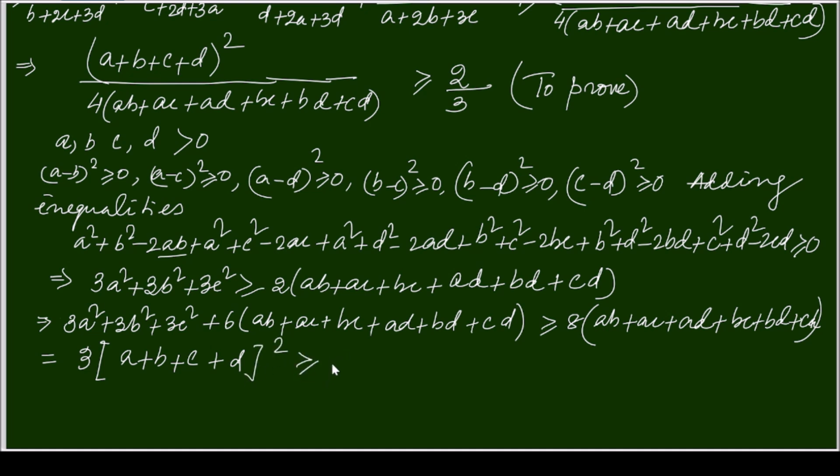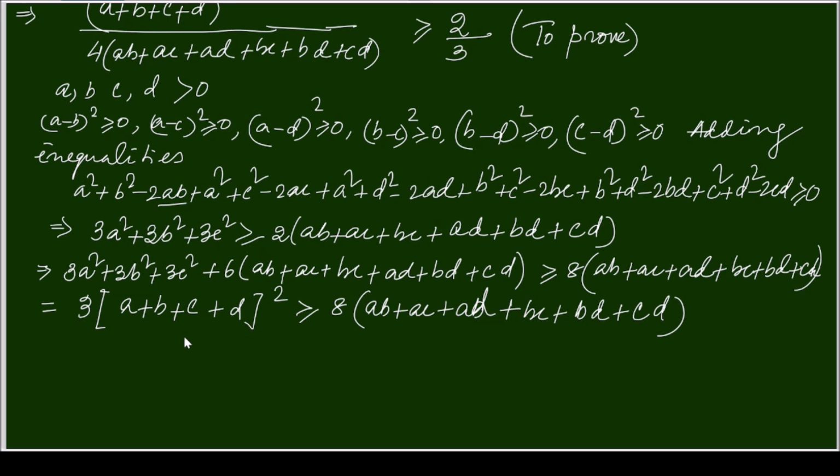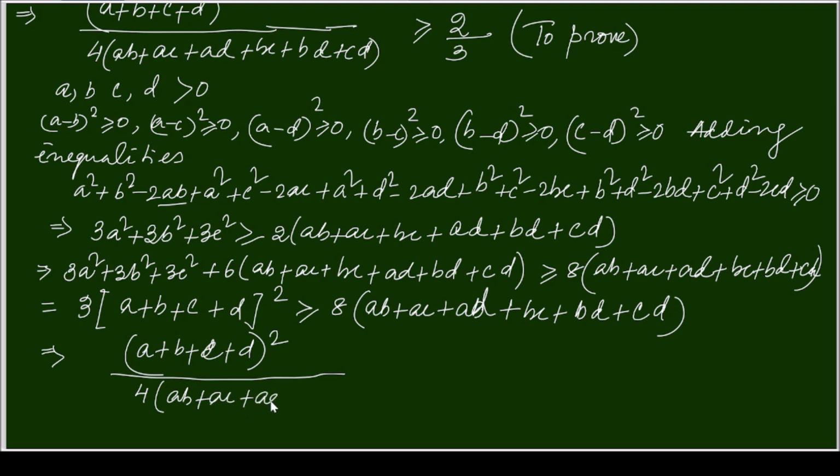So this is greater than or equal to 8 times ab plus ac plus ad plus bc plus bd plus cd, or a plus b plus c plus d whole square over 4 times ab plus ac plus ad plus bc plus bd plus cd is greater than or equal to 2 over 3. Hence proved.